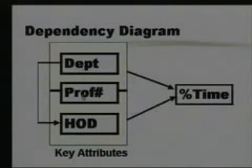The first candidate key is department and professor number, and the second candidate key is professor number and HOD. Okay. If we consider department and professor number, they uniquely define the percentage time. If we consider professor number as well as HOD, they also uniquely define the percentage time attribute.